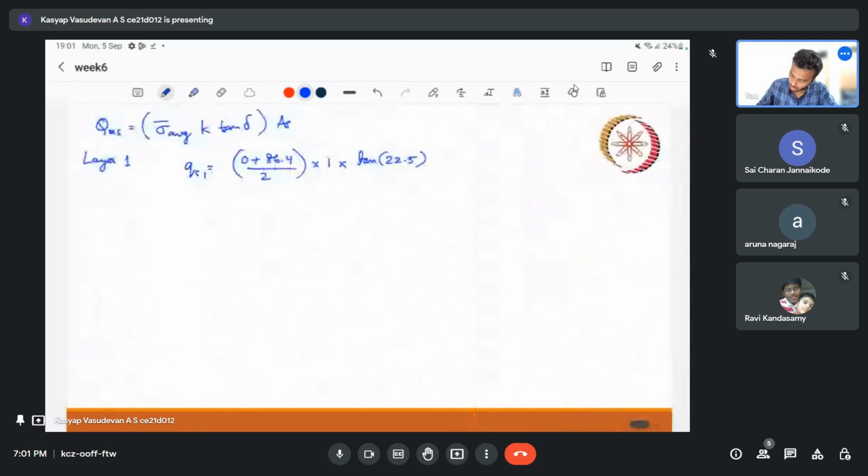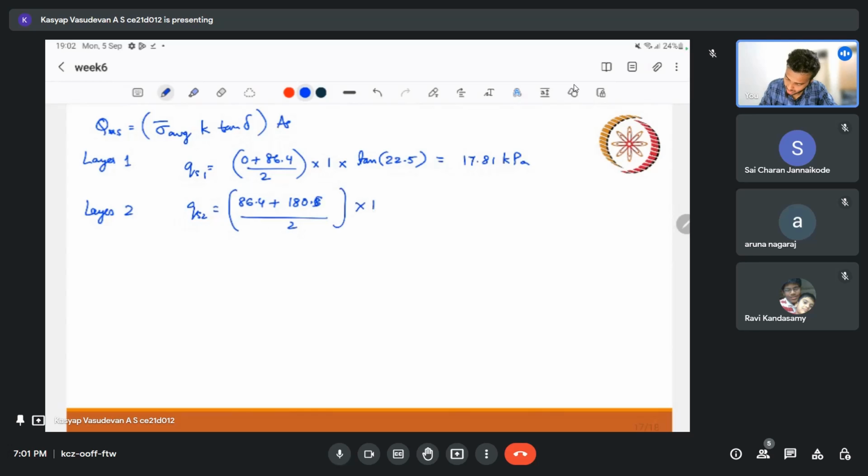This turns out to be 17.81 kPa. Similarly for layer 2, QS2 will be the average, starting from 86.4 plus, at the base, 180.5 divided by 2, into K is 1, tan 22.5. This will be 55.28 kPa.